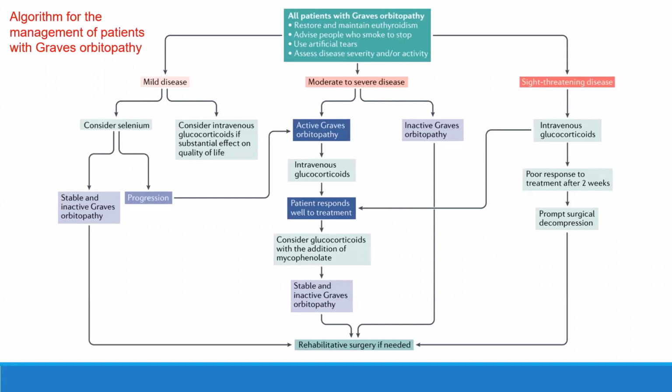If inactive Graves' orbitopathy, we can go to rehabilitative surgery if needed. Sight-threatening disease: we should give intravenous glucocorticoid for a few days. If there is no improvement or poor response after 2 weeks, we should go to surgical decompression and later on rehabilitative surgery.